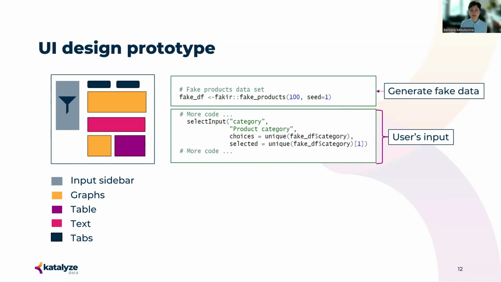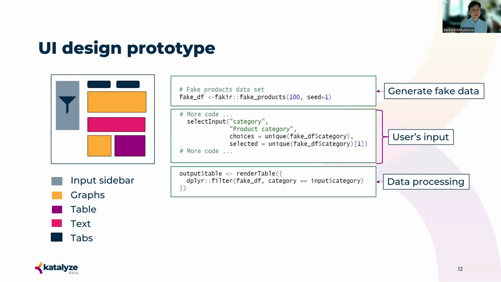So for example, here, I'm creating a drop-down selection, which my users can use to then filter for relevant rows of data. Then I can also use this dataset to introduce this new data processing logic into the server side of my application. Again, we are able to be very economical but efficient with our code.